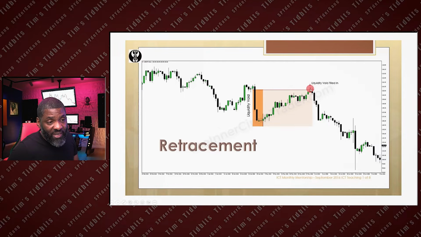And if you look over there, it stopped where? At the order block, the reference point that the algorithm left, like, hey, this is where I started, this is where I need to stop. Came back up, repriced all of this, hit the order block, and sold off. It's starting to tie together, isn't it?